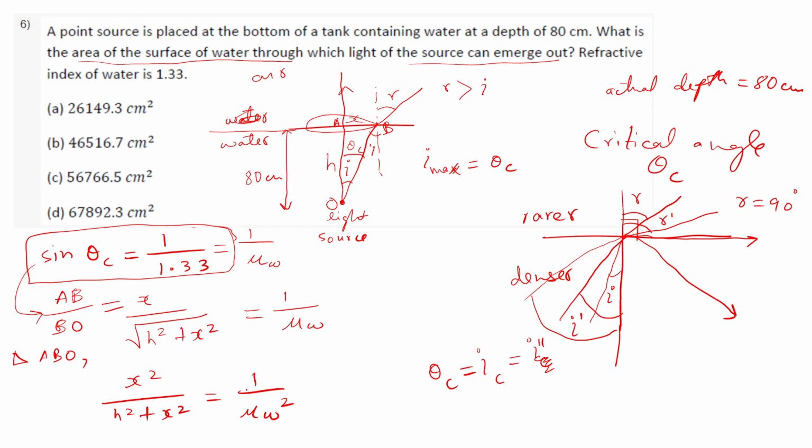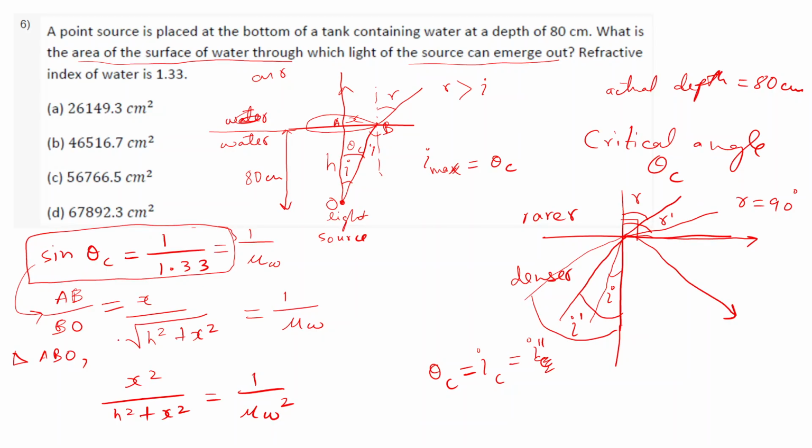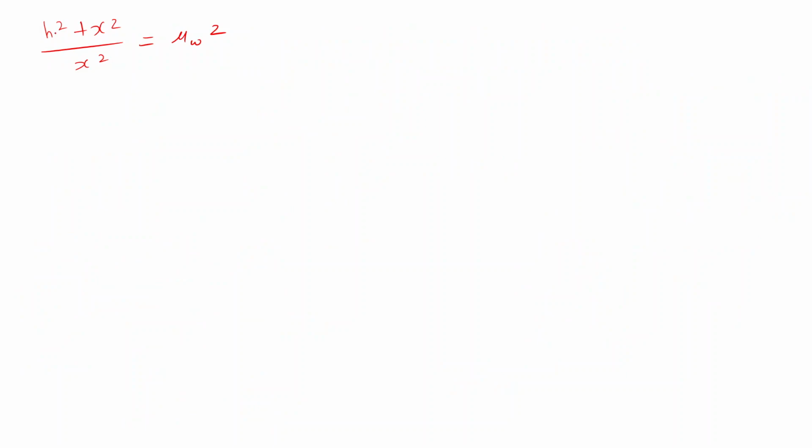So taking this equation, solving this further, I'll take reciprocal on both sides. Then I'll get H square plus X square divided by X square is equal to mu W square. Yeah, reciprocal of this. Now when I divide by X square, we'll get H square by X square plus 1 is equal to mu W square, which implies H square by X square is equal to mu W square minus 1.